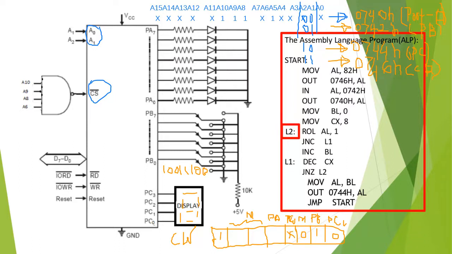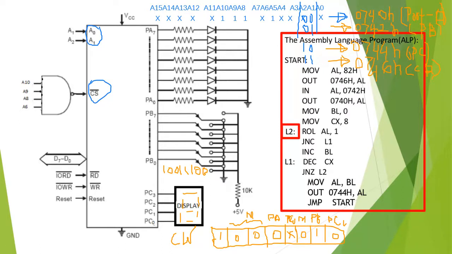Okay, and now port A is used as an output port because its LEDs are connected there. And this 2 bit is for mode, so it is 0 0. So what is the control word now? If don't care cases are 0, then it becomes 82, right?